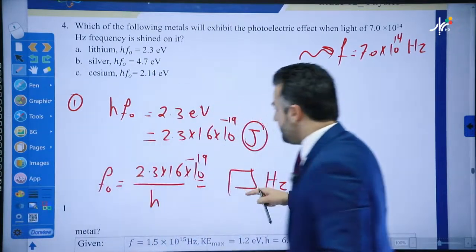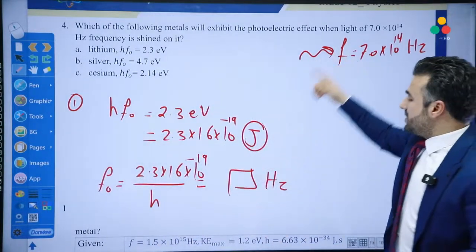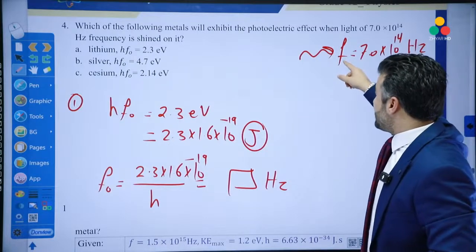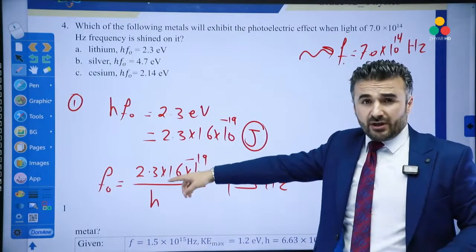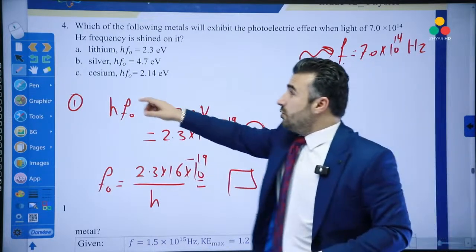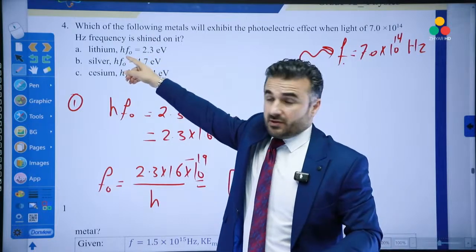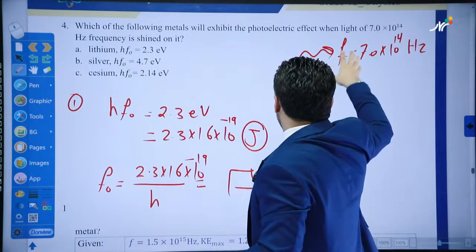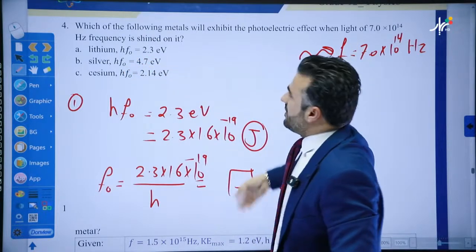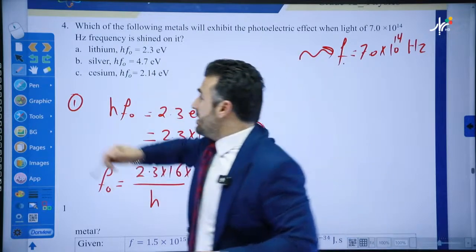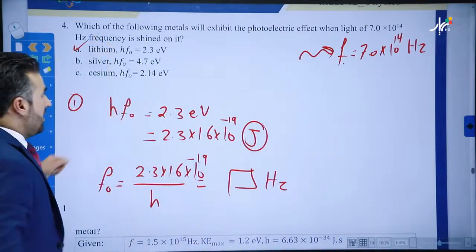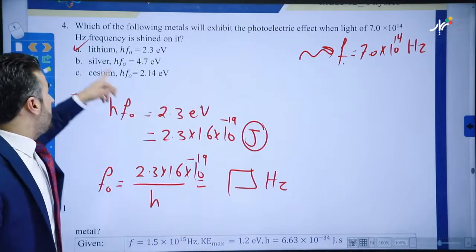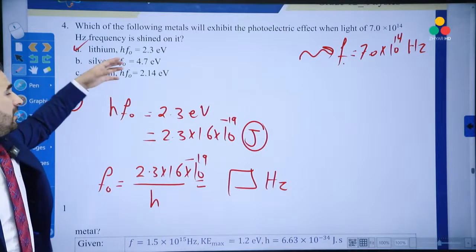Now you can compare these two different frequencies together. If the frequency of the incident light is bigger than the threshold frequency, that means electrons will be ejected from the lithium surface. All right? And of course, the answer that we get is bigger, so electrons will be ejected from lithium surface here. And then, of course, you will do the same thing with the second metal, which is silver.